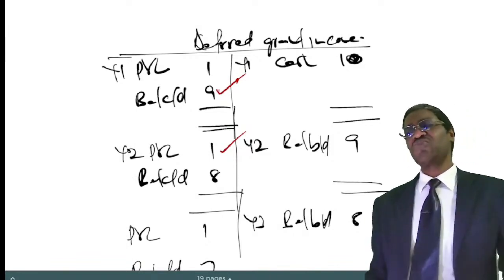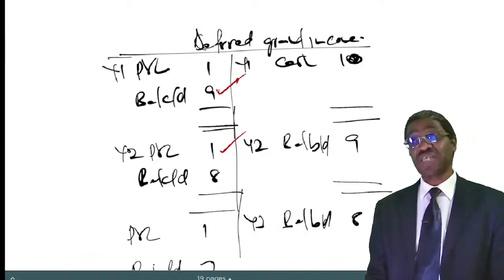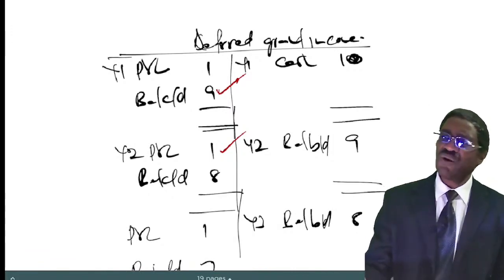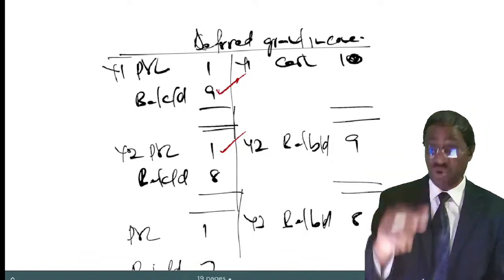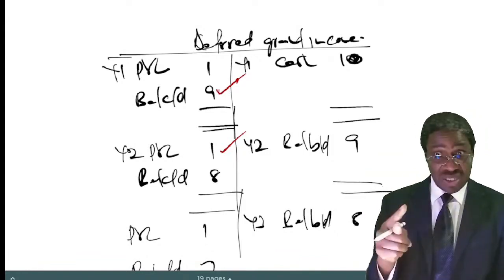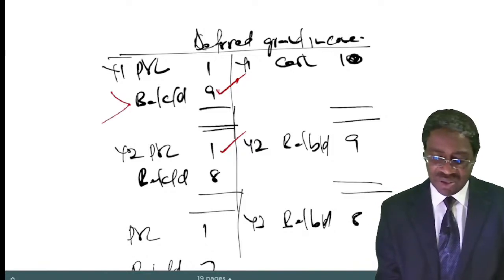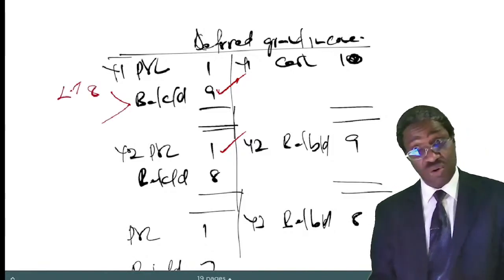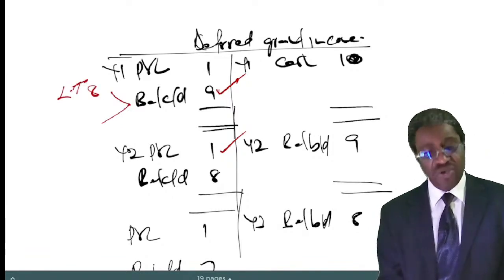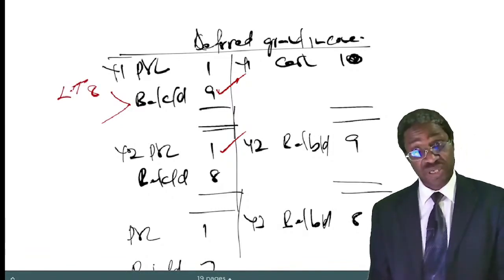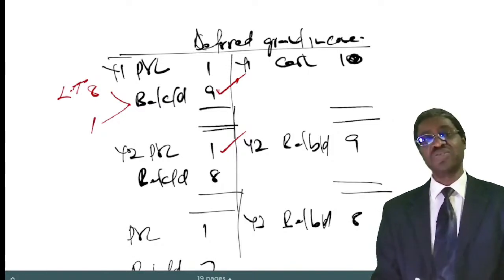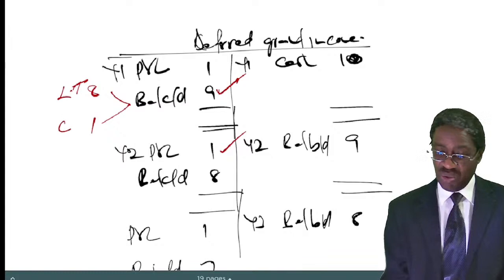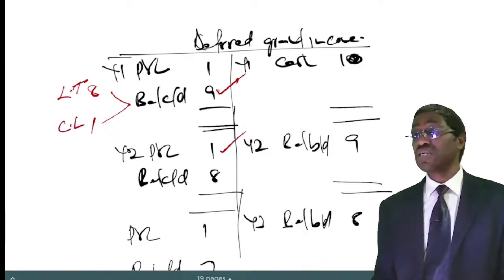If 9 million is to be recognized as an income in the next 9 years, by end of year 2 I should have recognized an extra 1 million out of it. So out of that 9 million, 8 million will take me more than a year to recognize. I hope you're following. But there is another 1 million which will take me less than a year to recognize. That's what you now would consider as a current liability.